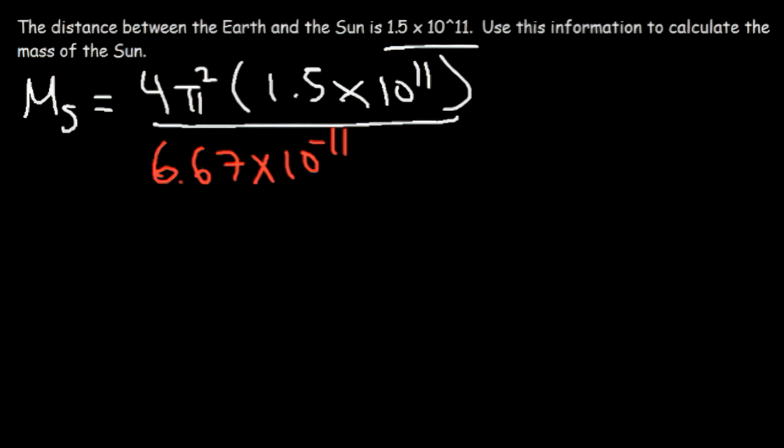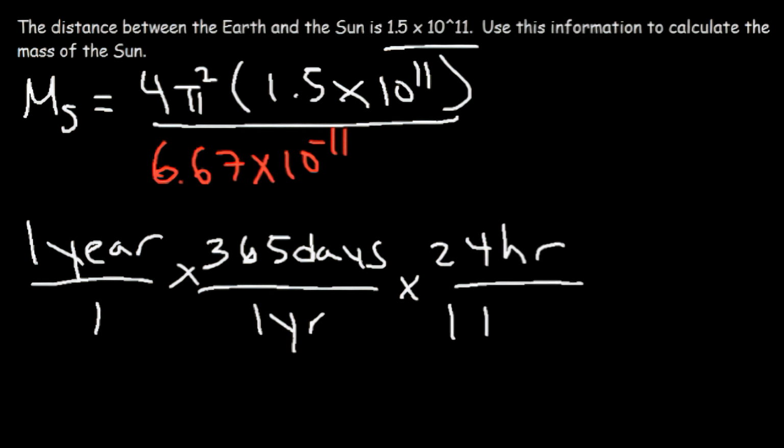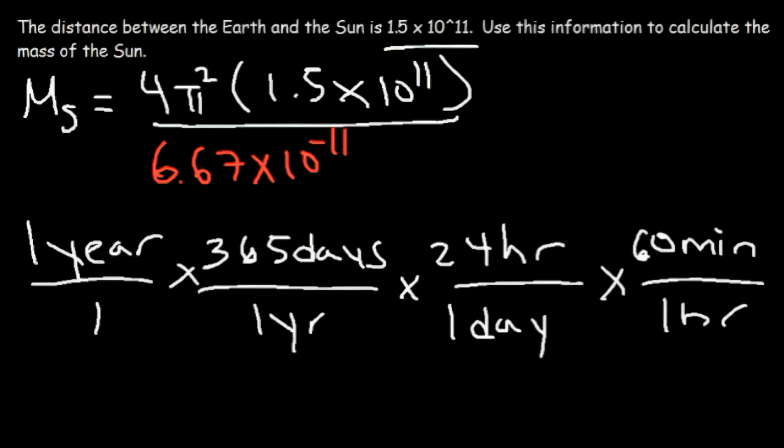But we need to plug in the period using seconds. So we can't just plug in 1 year. Let's convert this to seconds. So we know that there's 365 days in a single year, and there's 24 hours in a single day, and there's 60 minutes in a single hour, and there's 60 seconds in a minute.